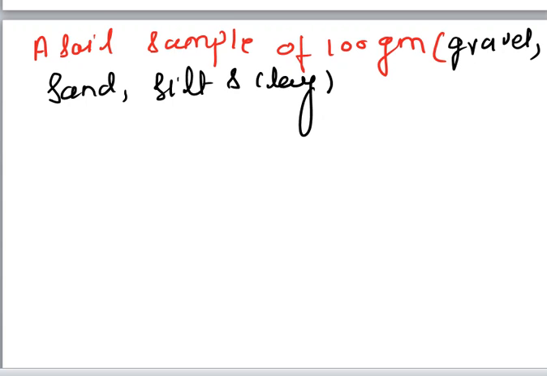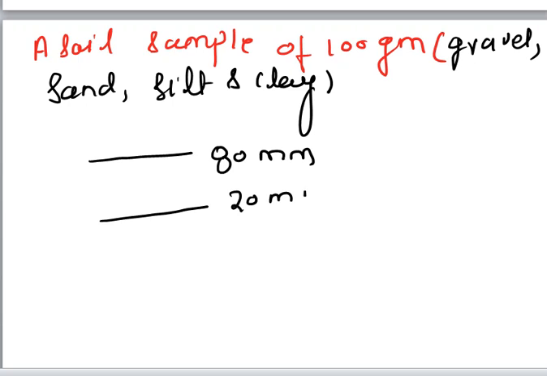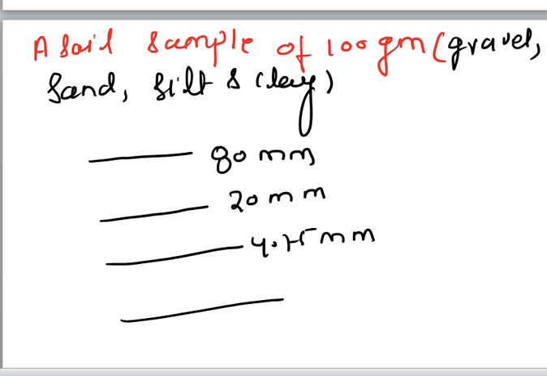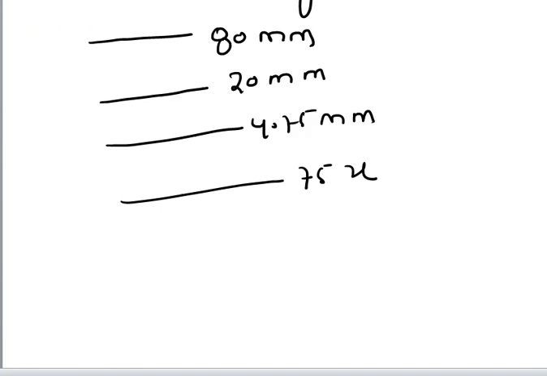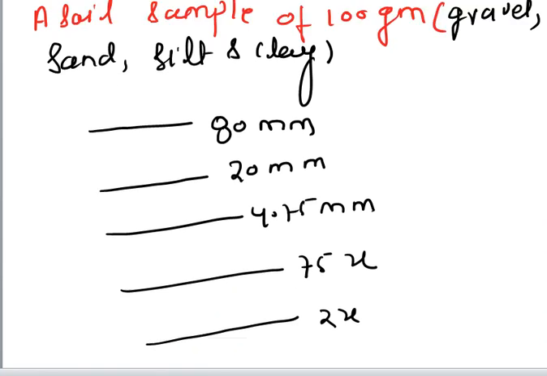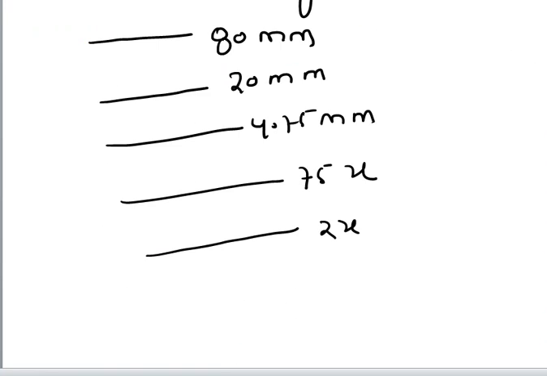Okay, so let us consider standard sieves. Let this be the 80 sieve, let this be the 20 sieve, let this be the 4.75 sieve, let this be the 75 micron sieve, and let this be the 2 micron sieve. What do you mean by sieve? Sieve means jali.